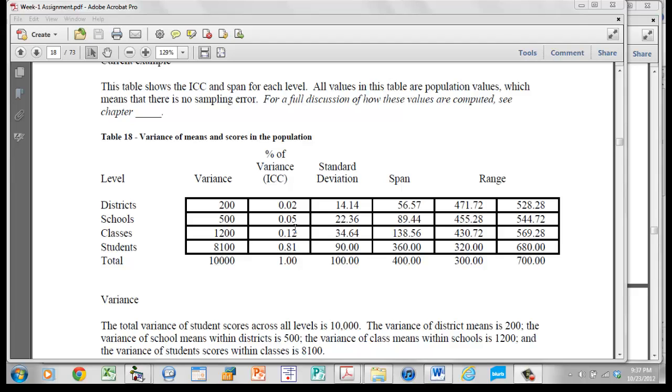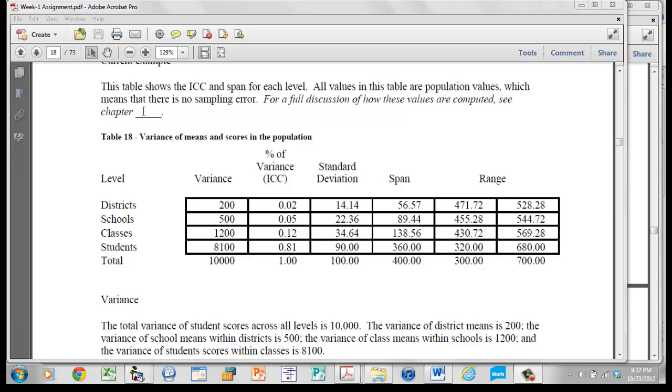You know that you're working with SATs. You know that you expect the SATs mean to vary from district to district across a certain range of scores. But how do you know whether or not the ICC of 0.02 corresponds to the range of scores that you're thinking about?